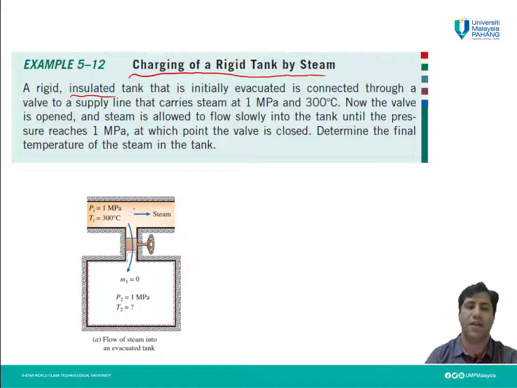Then this tank is connected to this line. The valve is open, and the steam, whose pressure is 1 megapascal and its temperature is 300 degrees Celsius, will flow to this rigid tank.